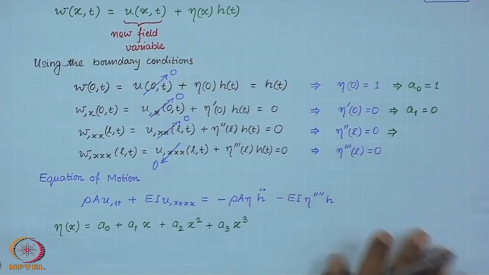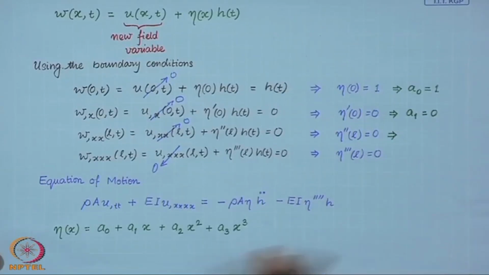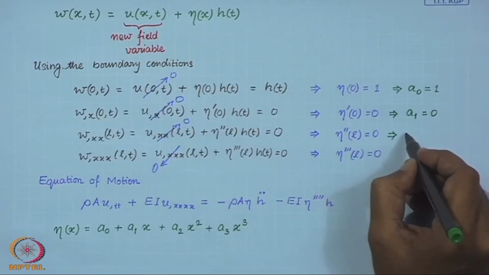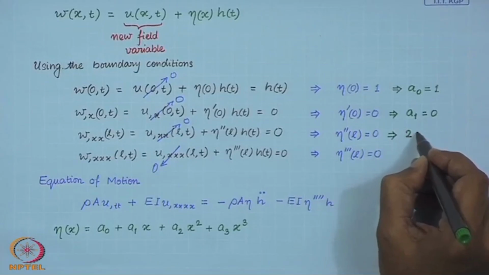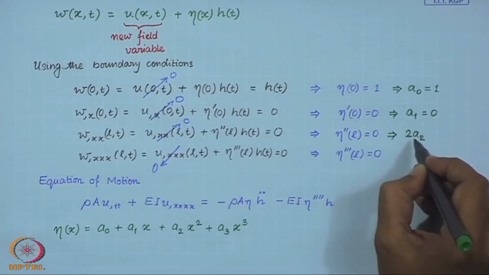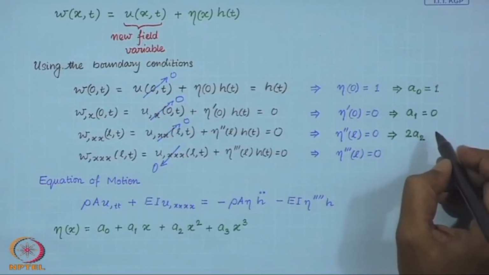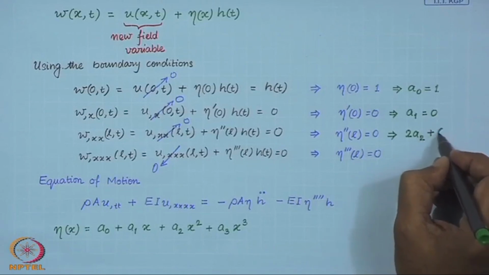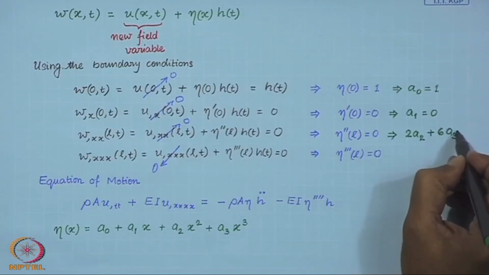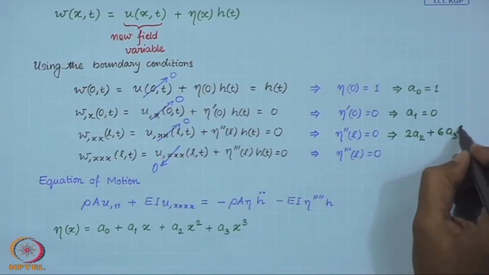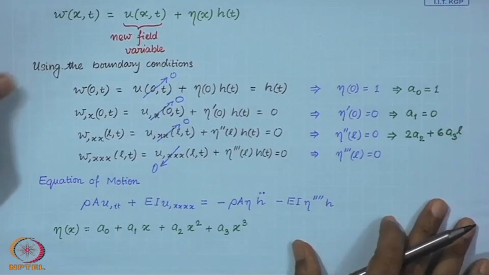Eta double prime L, if that is to vanish, then twice a 2 plus 6 a 3 L must vanish.